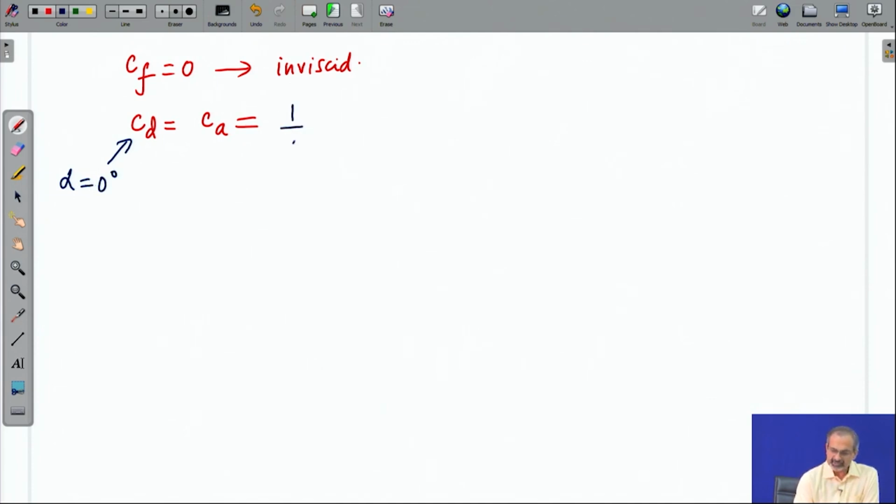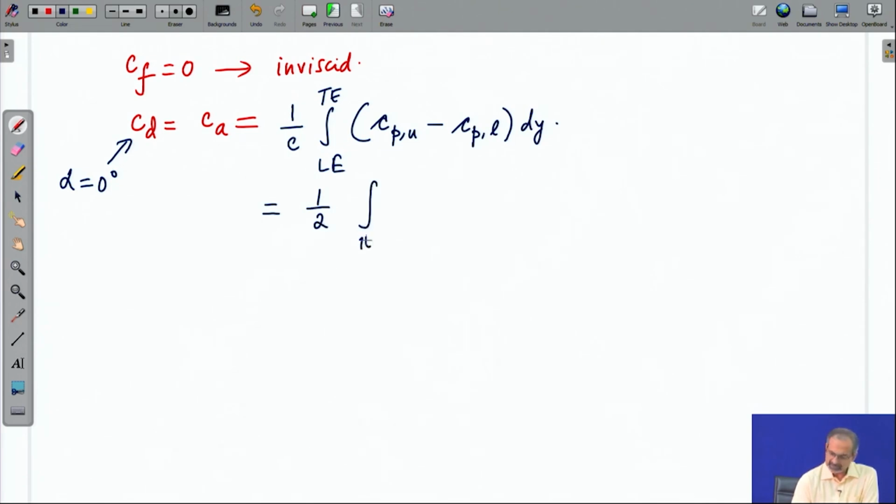So, how do you find Cd? Of course, it comes from the definition of Ca by ignoring the contribution of Cf. If you just take the Cp contribution for the cylinder, it comes out to be like this.